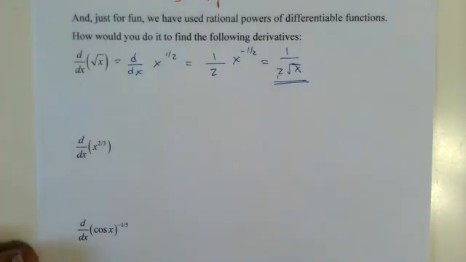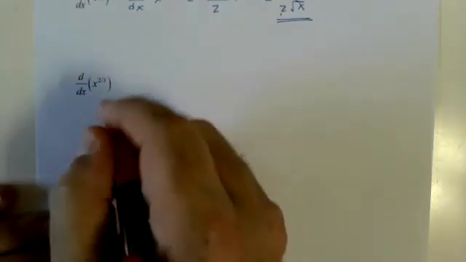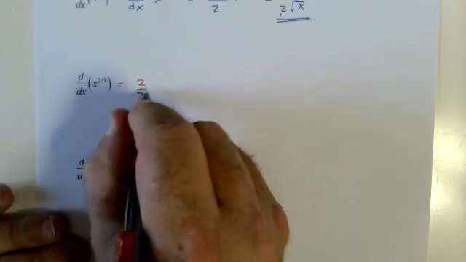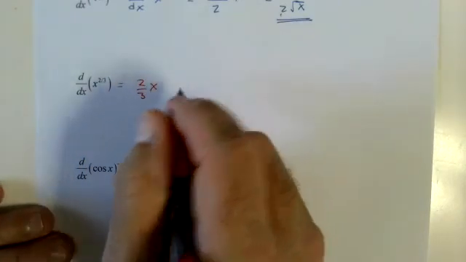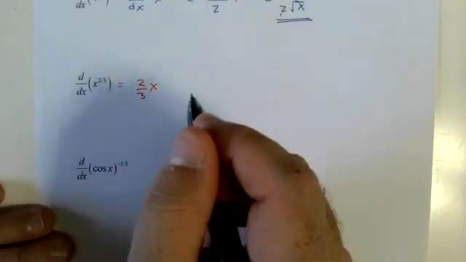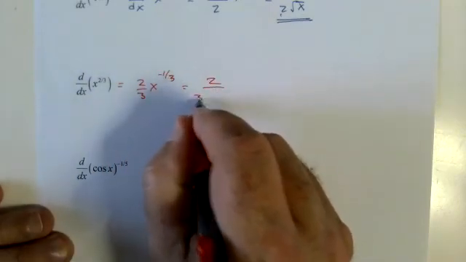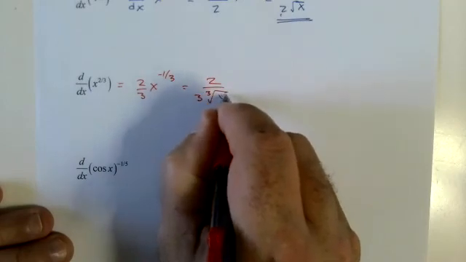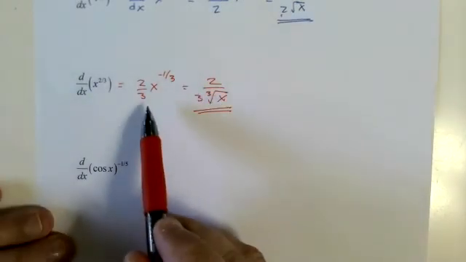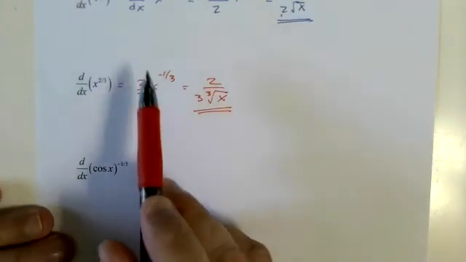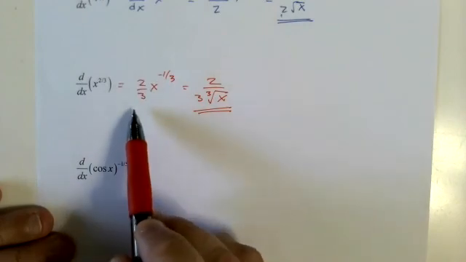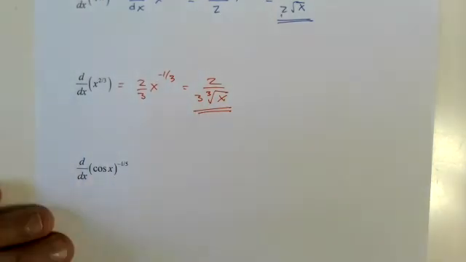All those teachers lied to you. Tragic. Equals 2/3 x, and that's where life gets a little goofy. 2/3 minus 3/3, negative 1/3, which is 2 over 3 times the third root of x. Do I care if you leave it like this or that? No. Do I care if you write it 2 over 3x to the 1/3? No, but multiple choice, who knows how you're going to see it?